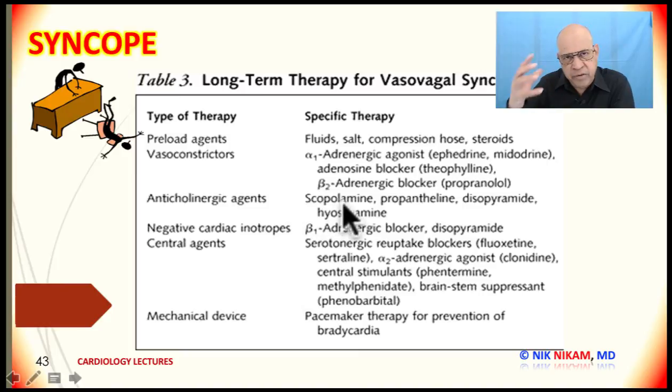Anticholinergic agents, which block the acetylcholine effect on the receptors, can help in reducing the effect of the autonomic nervous system discharge. The drugs such as propantheline, disopyramide, hyoscyamine are all useful in reducing the vagal effect on the heart and vascular system.